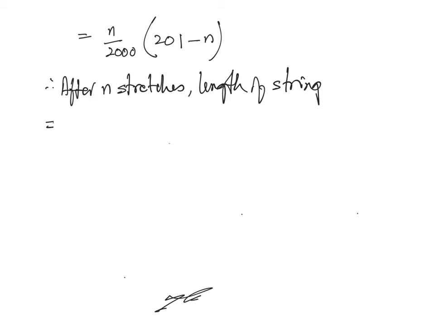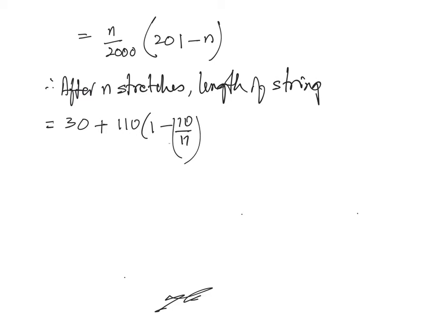But remember I said one stretch consists of one elongation and one contraction. So after n stretches, there will be n elongations and n contractions. But originally you have 30. The length was 30. Then you add the total elongation, which was 110 into 1 minus 10 over 11 to the power n.